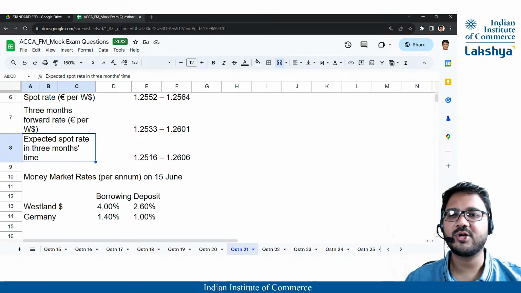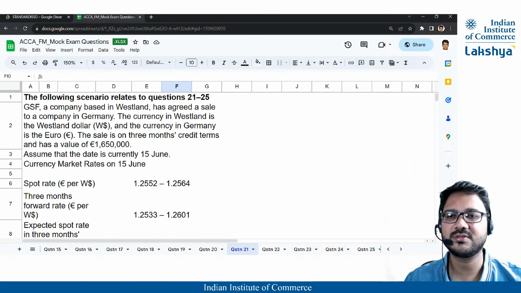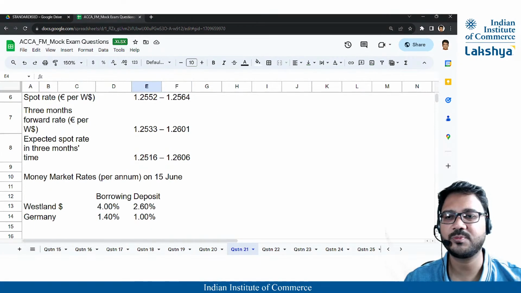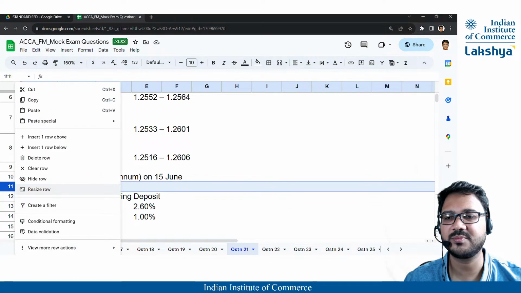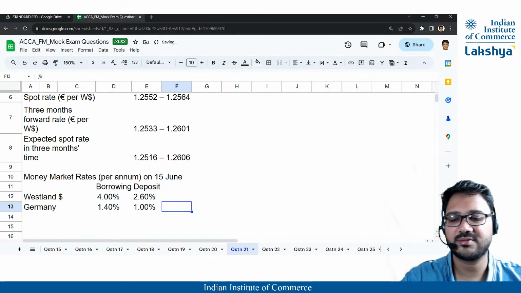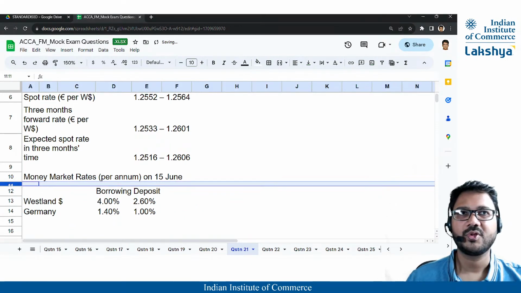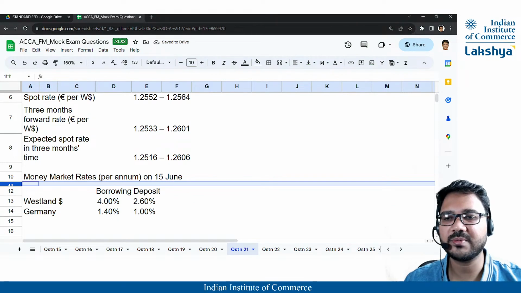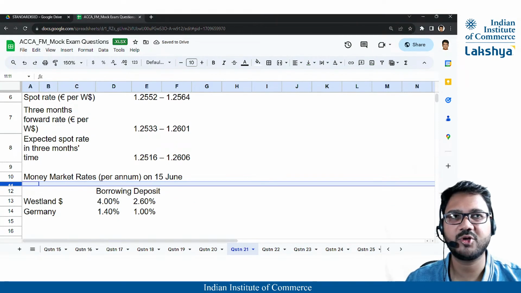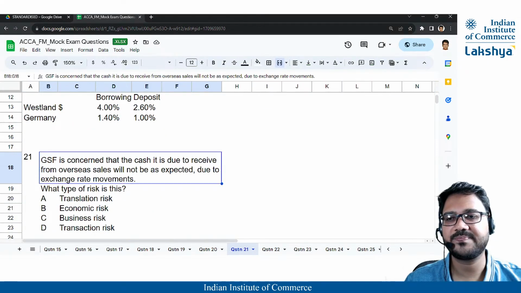Money market rates are given, with deposit and borrowing rates. So this is the case study.